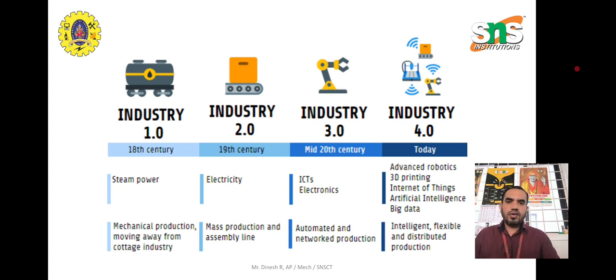And today we are in industry 4.0, which, as I already told you, is called the smart factory, the integration of advanced robotics, 3D printing, internet of things, artificial intelligence, big data, etc. The main purpose is intelligent, flexible, and distributed production. This is the main goal of industry 4.0.